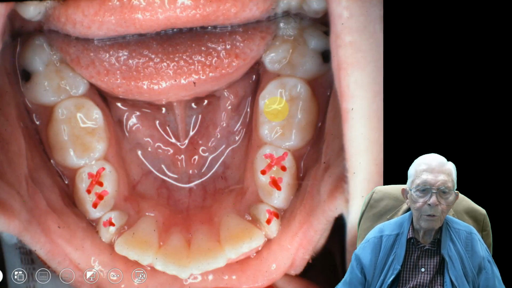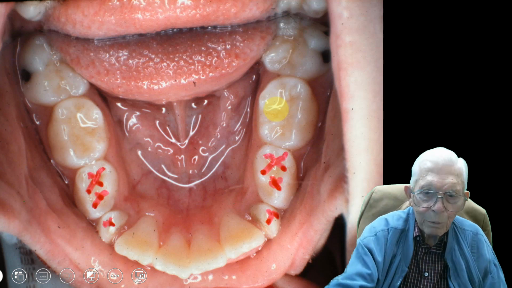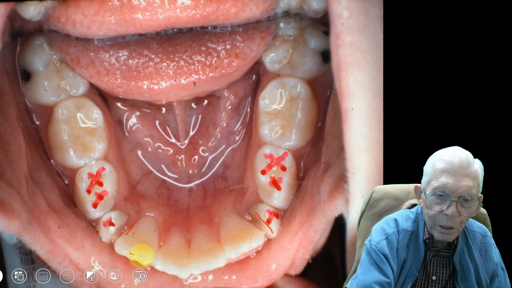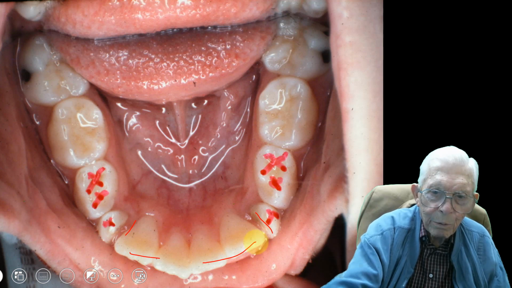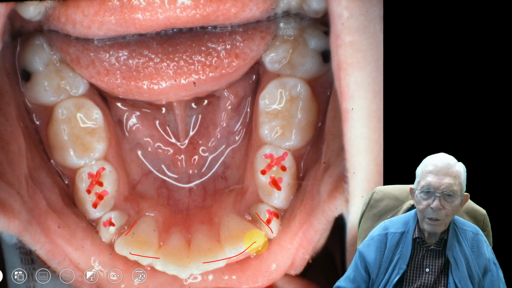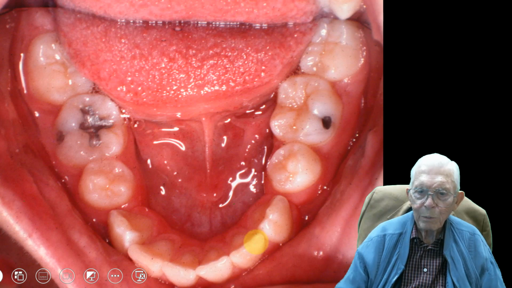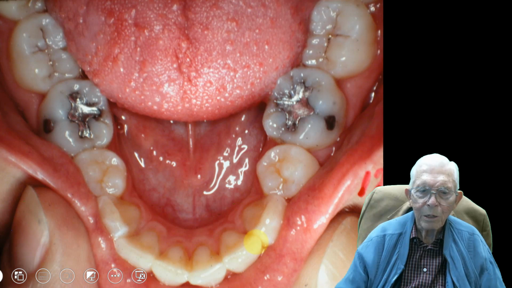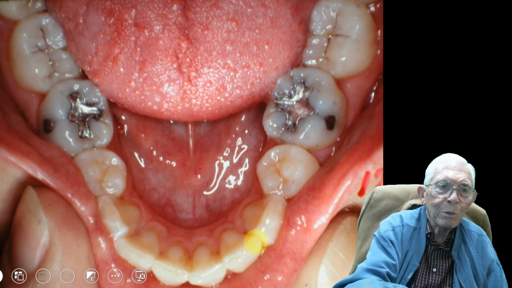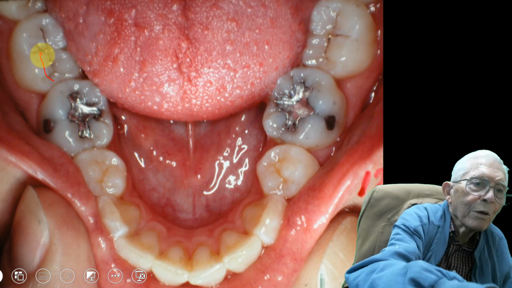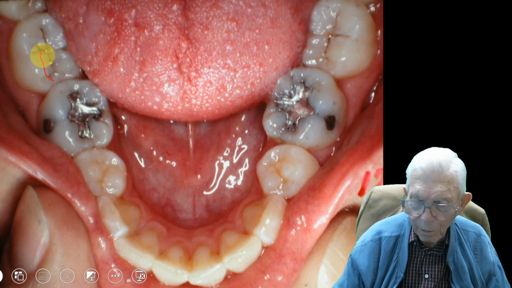When we did this slicing procedure, you got these teeth lined up down here, but we were still really crowded on the case. We finally ended up having to take out the first bicuspids, but we kept the wisdom teeth. You can see the wisdom tooth over on this side, up there.